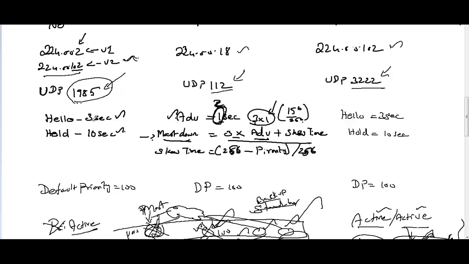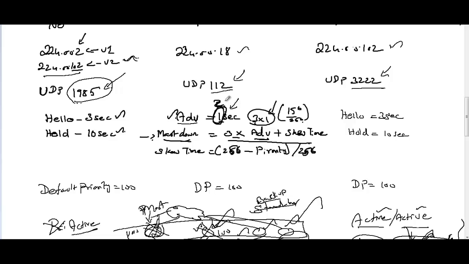Now the timers are 3 and 10 for HSRP. For VRRP it is not like that. The hold time is not decided by the configuring person. Only the advertise timer can be configured. By default it is 1.